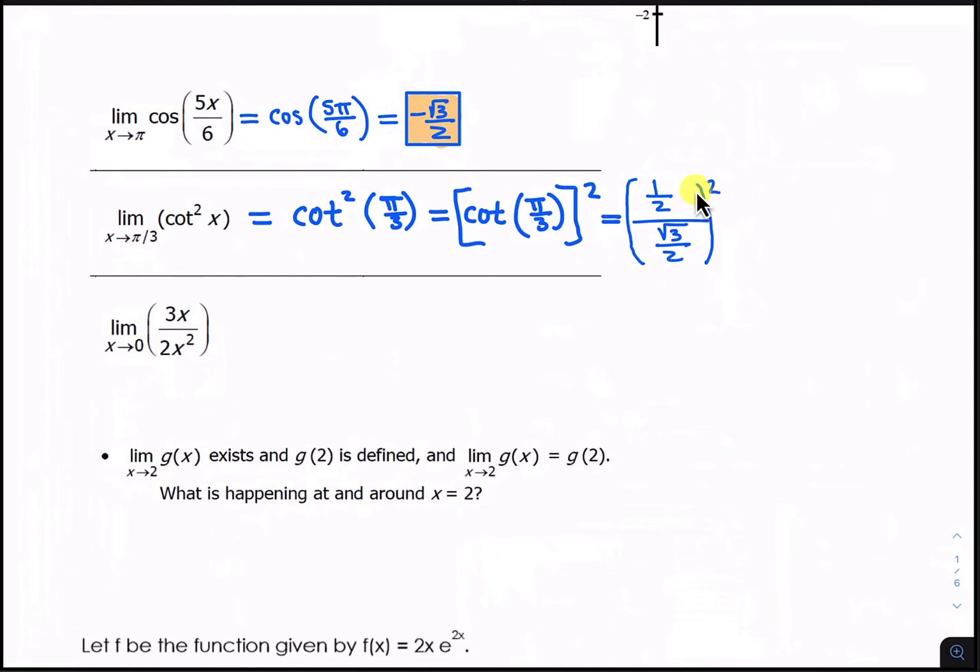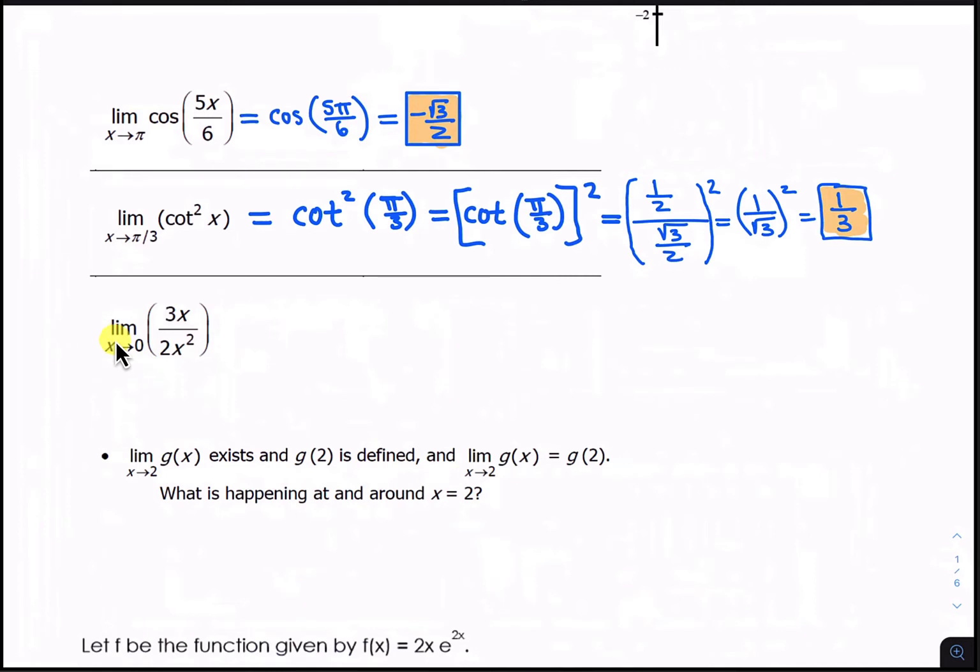Cotangent is the x-coordinate over the y-coordinate. And at pi over 3, the x-coordinate is a half and the y-coordinate is square root of 3 over 2. That's going to simplify to just 1 over the square root of 3 because these 2's will cancel each other out. So we have 1 over the square root of 3, all squared, and that's just going to be 1 over 3.